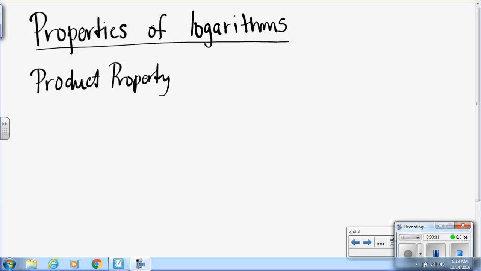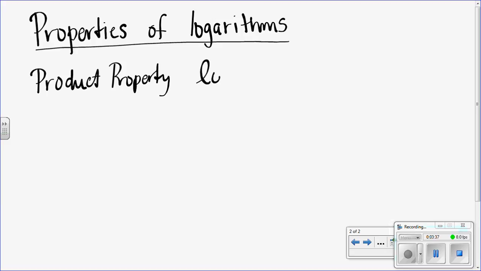Alright, so product property. Log base b of m times n. Okay?